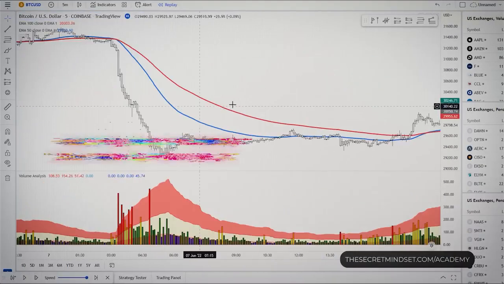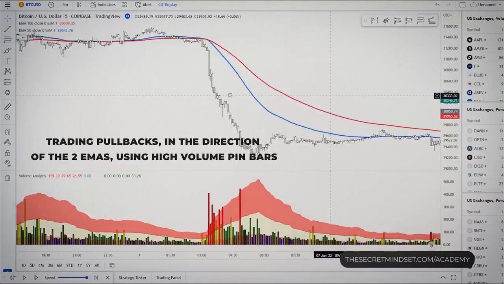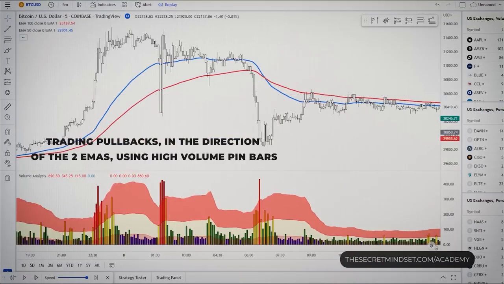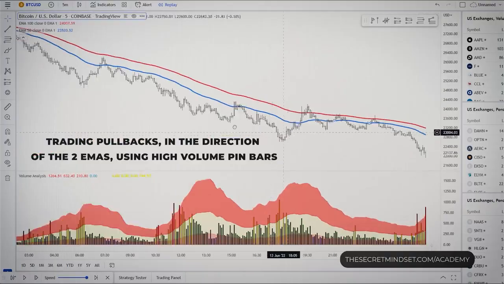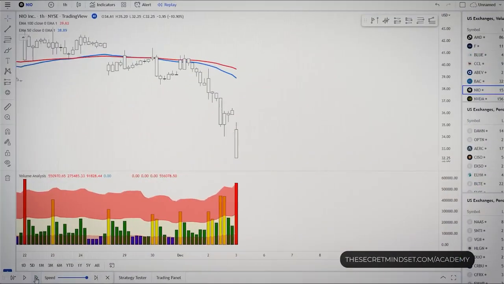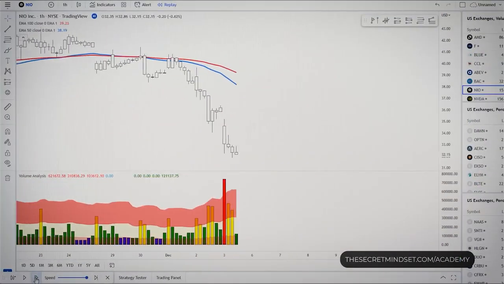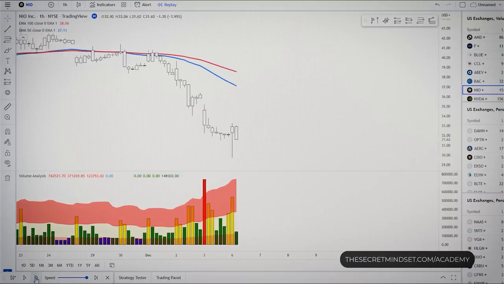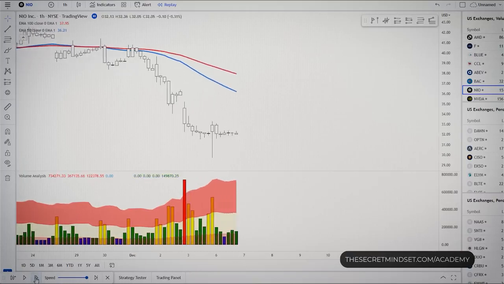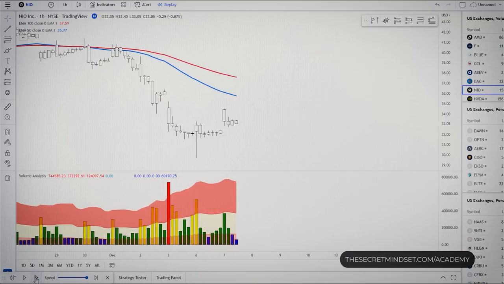Our strategy involves trading pullbacks in the direction of the two EMAs using high volume pin bars. When markets trend, they don't just go up or down in a straight line. There's always a period of rest before continuing the trend.